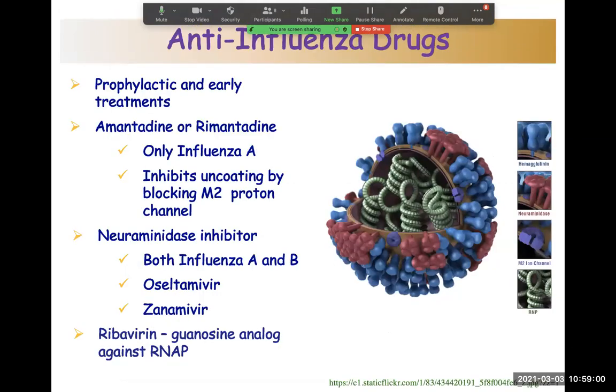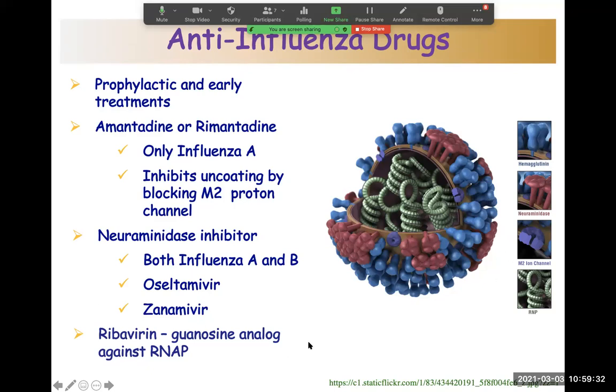And I briefly talked about amantadine and rimantadine. If you know the viral structure, the flu virus has two major proteins on the surface: the hemagglutinin, these blue guys, and the red guys are neuraminidase, and then this is the M2 ion channel. Amantadine and rimantadine block this M2 channel, and oseltamivir and zanamivir inhibit the neuraminidase, right?